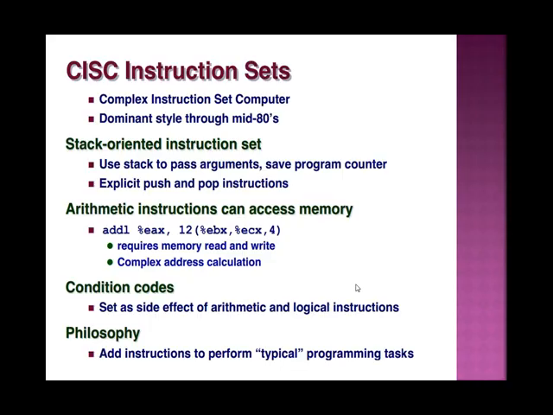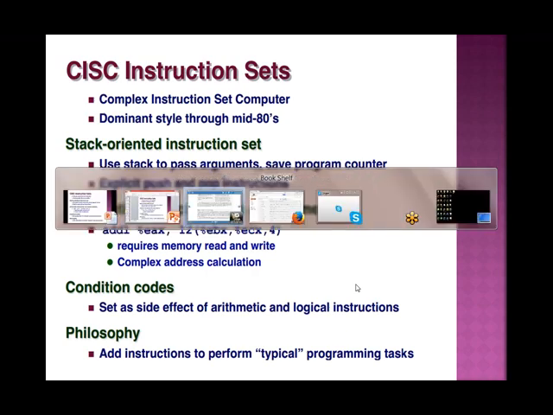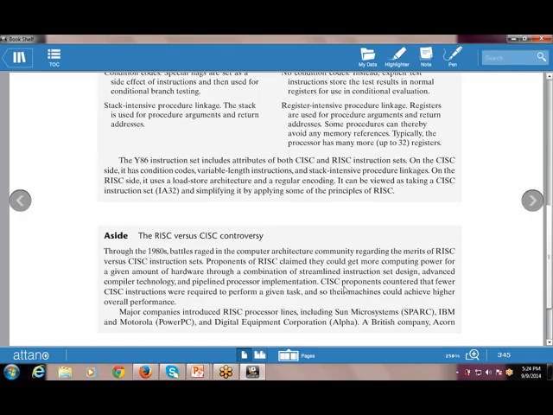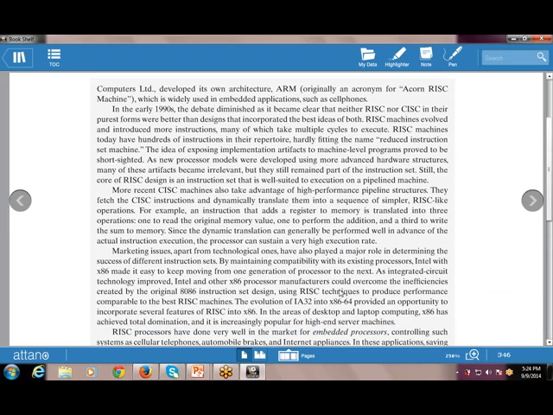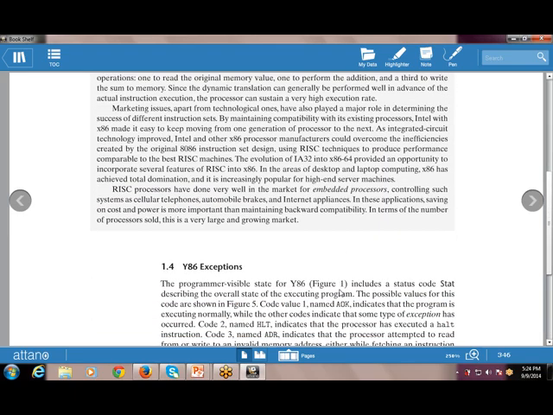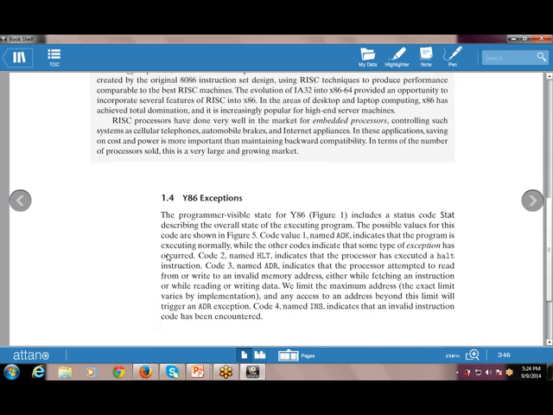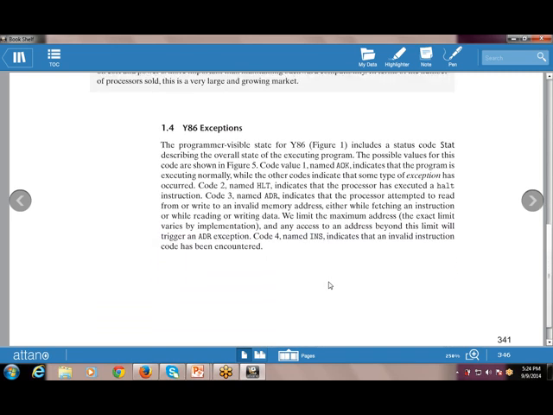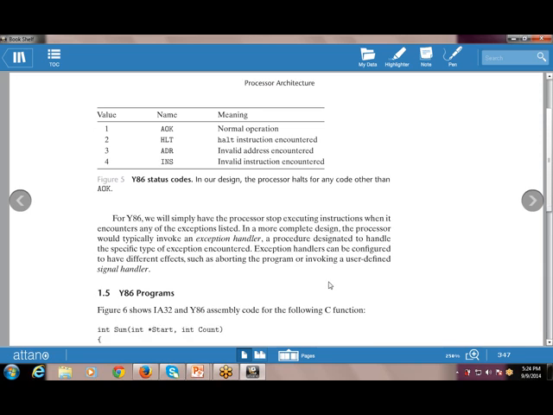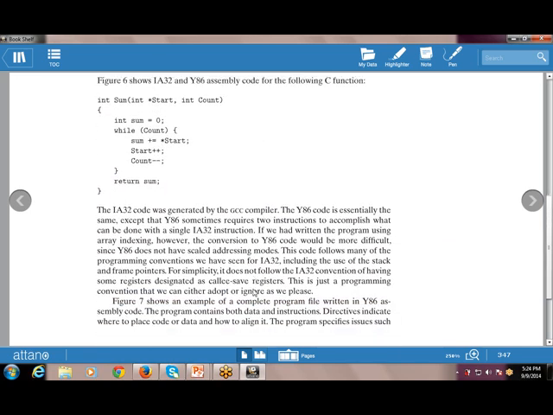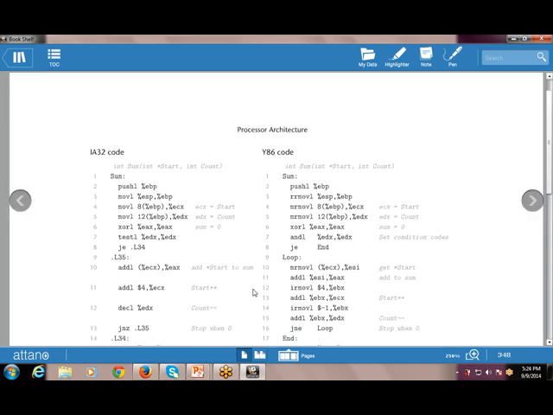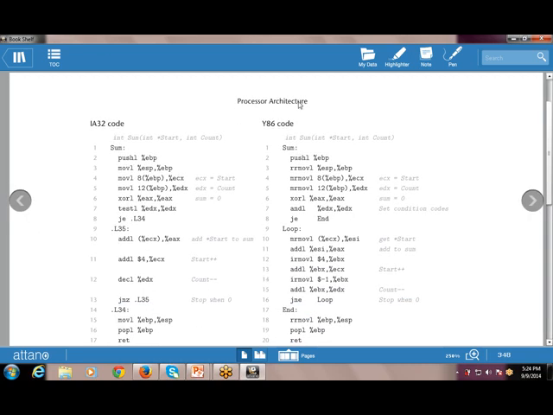This is most important, as you see in your book. This is your RISC, CISC. These are the exceptions which I told you. What are the exceptions available in Y86 programs? I told you already. This is your IA32 code.